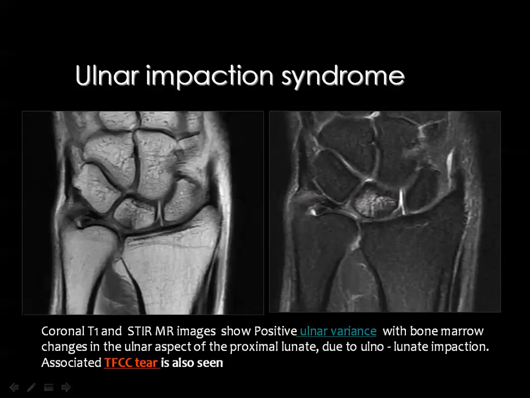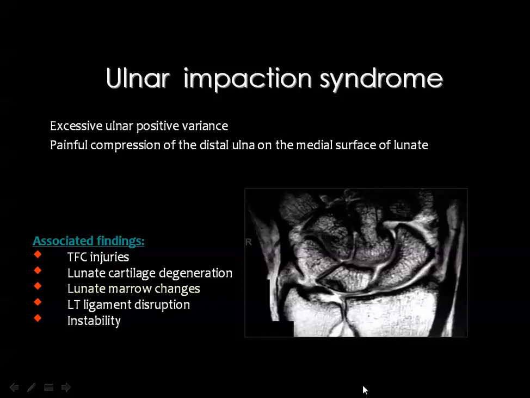And here you see this ulna is positive, and you can see the tear of the triangular fibrocartilage and the bone marrow changes in the lunate bone. This is positive ulnar variance with torn triangular fibrocartilage and bone marrow edema of the lunate bone, and this is known as ulnar impaction syndrome.